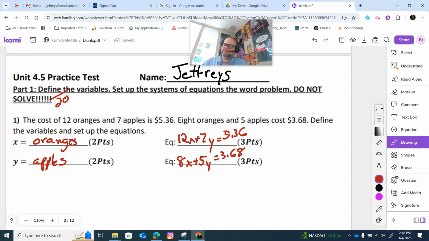Let's see if I can keep up with it. Part 1, we got 20. Okay. Trust me, I've actually had a test where people have had to solve these. It did not go well.